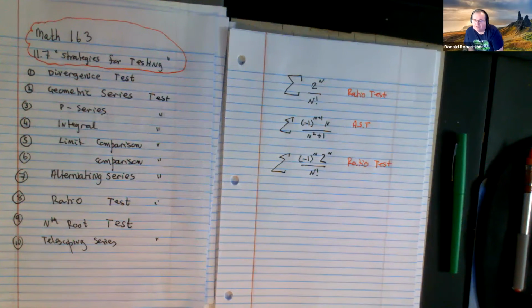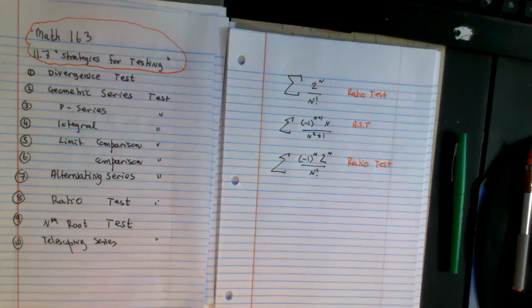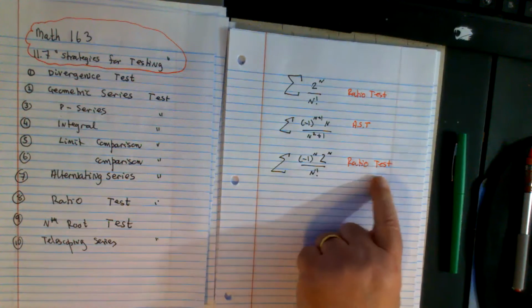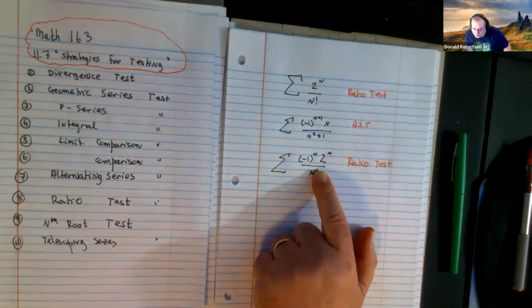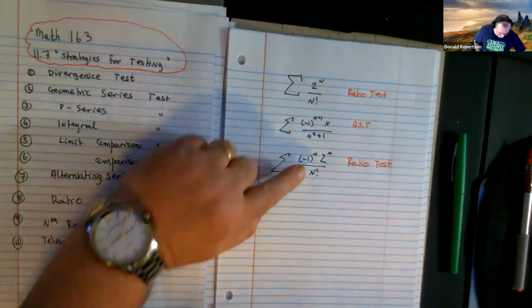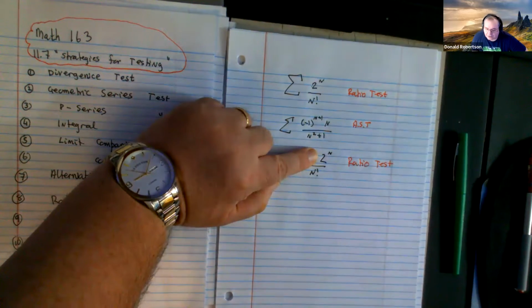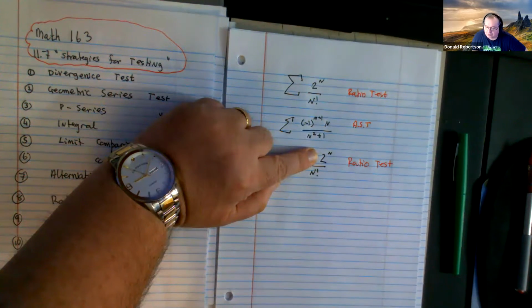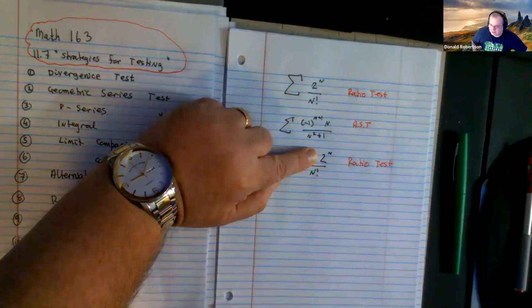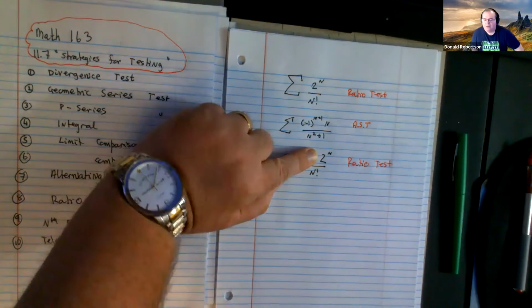Doesn't n factorial trump a -1 to the n? By that I mean, if you try to do this with the alternating series test, you could prove that it has a limit of 0. It's pretty easy to do because n factorial is so much bigger than 2 to the n. You could just say it's obvious, and it would be.